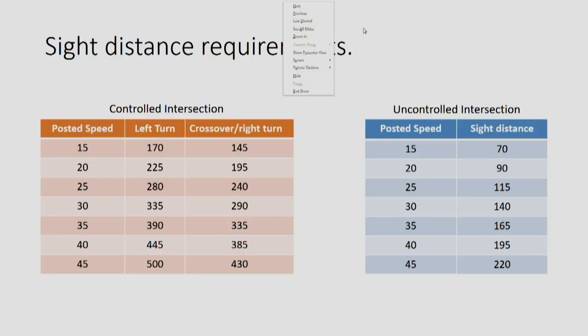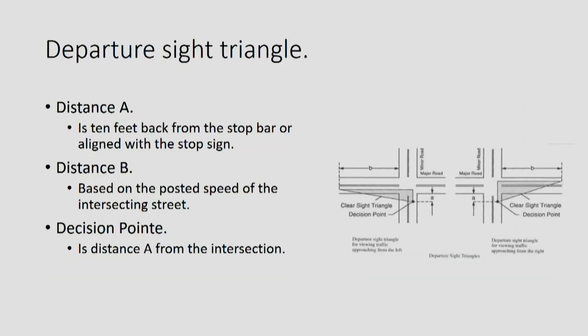If it's controlled... yeah, let me go back. The reason it's longer is, the way I read and understand it, you're starting from a stop position. So you need to have 280 feet to be able to pull out and accelerate without being overtaken by the other car that's coming at 25 miles an hour.